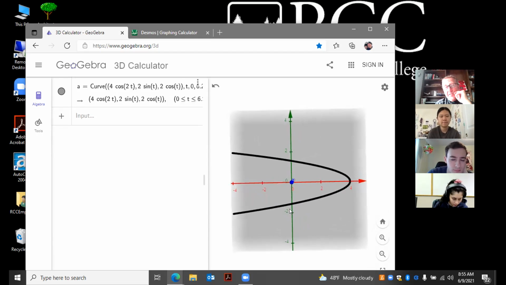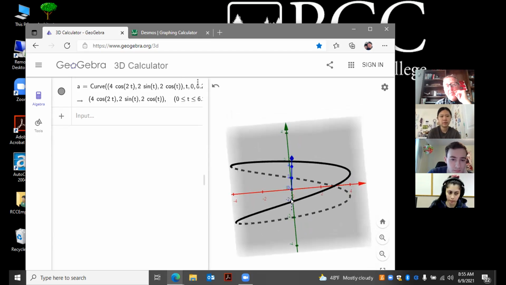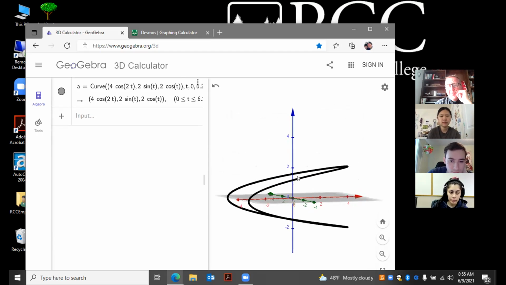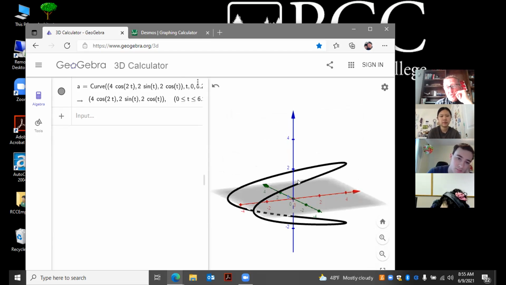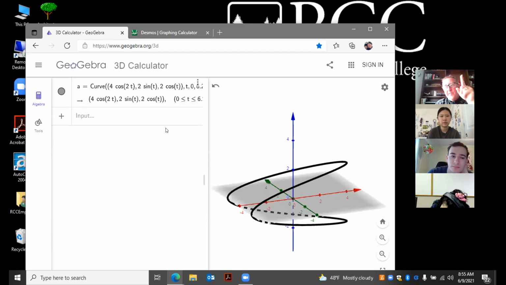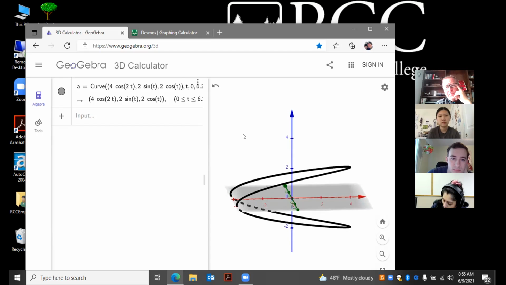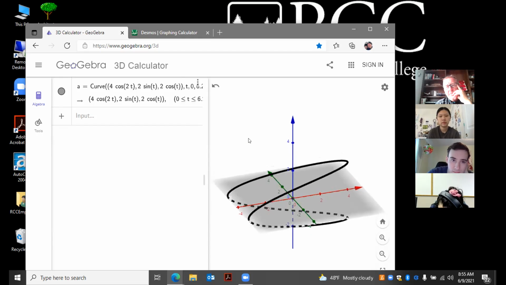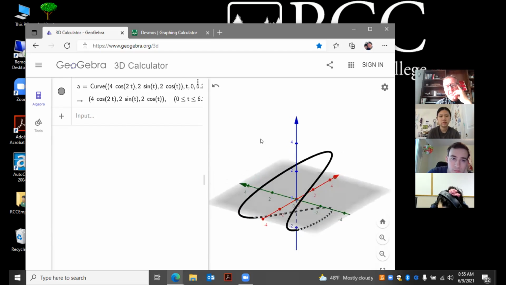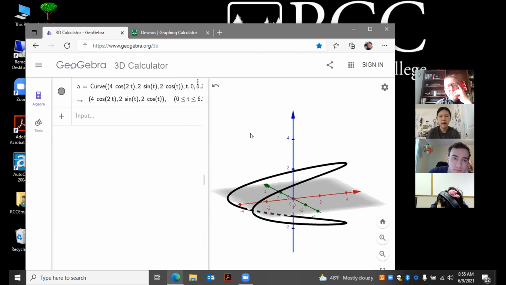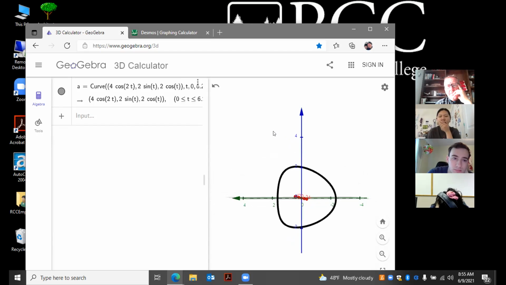I didn't change X and Y, so it's still that same sideways parabola. But now the Z coordinates just got 2 times larger than they were before. So they went from 1 to -1, now they go from 2 to -2. Kind of cool.